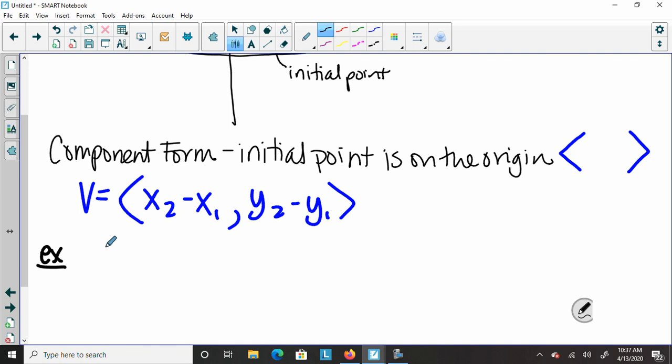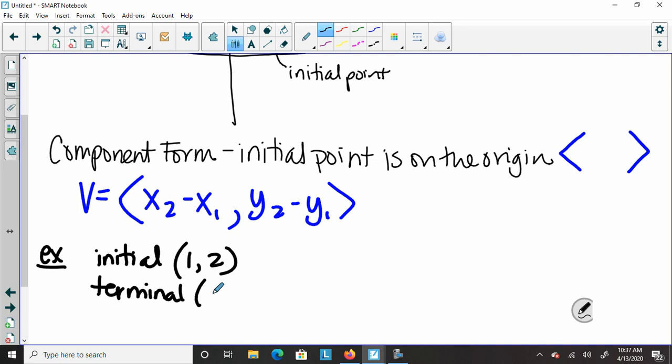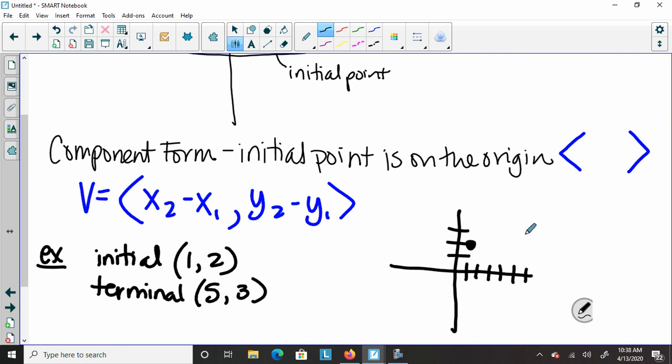So let's say that we have initial at (1, 2) and terminal is (5, 3). And we want to figure out what the component form of the vector is. I'm just going to sketch it and see where these are. (1, 2), okay, so that's right there, and then (5, 3). So this is what my vector looks like.